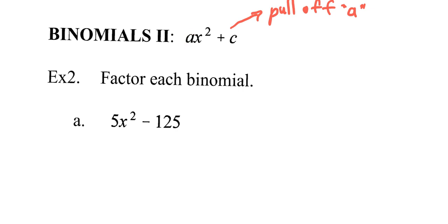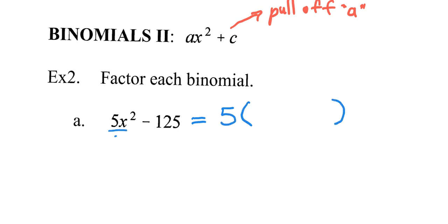So let's take a look at this example where we're factoring every binomial. You're going to look at both of these terms. The only common thing that they have between them is a division number of 5. So we pull off a 5 from both of these.